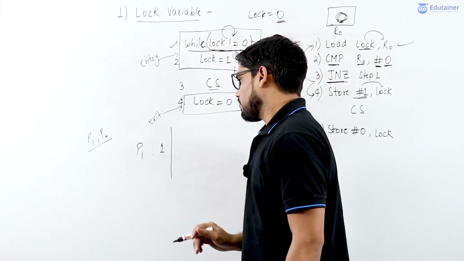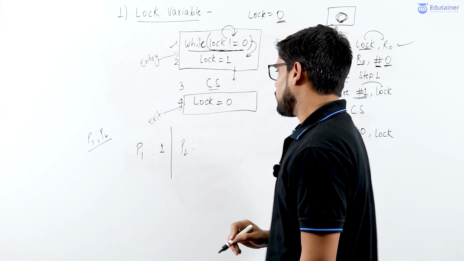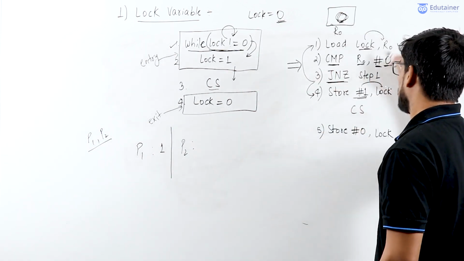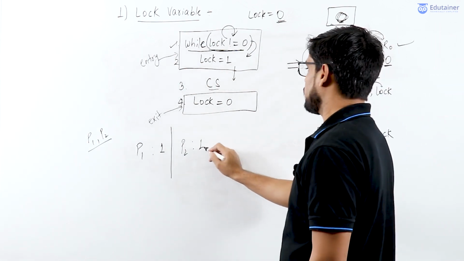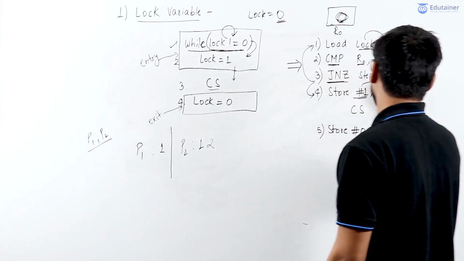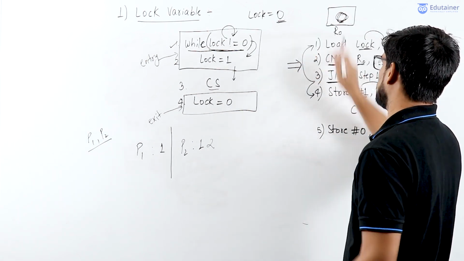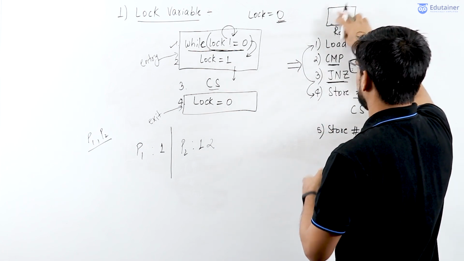Now after the preemption of process P1, process P2 gets a chance, and it executes line number 1, and then line number 2. Line number 2 says compare R0 with 0. Yes, R0 is 0.